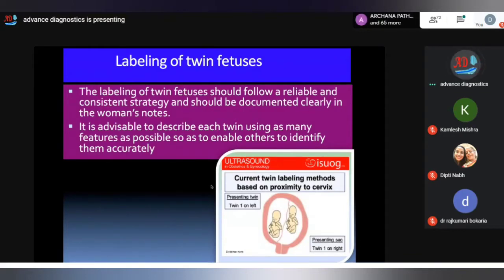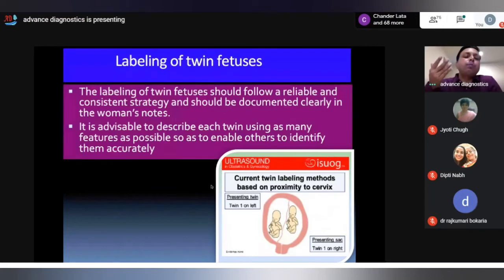So it is advisable to describe each twin using as many features as possible, so as to enable others to identify them accurately. Suppose you wrote right side and left side and the patient went somewhere else, their right side and left side will be different. Therefore, whenever you are describing a fetus, you should describe it with as many features as possible.